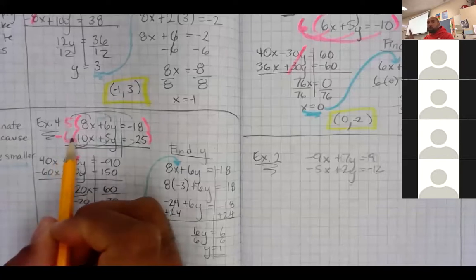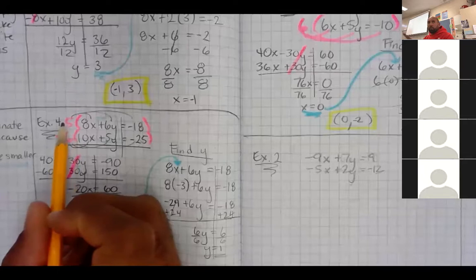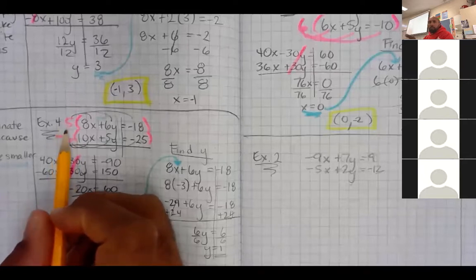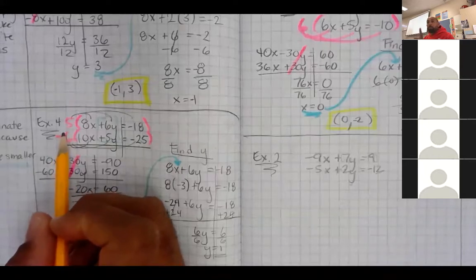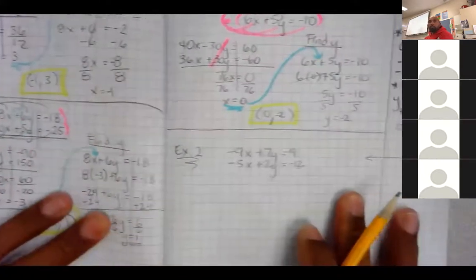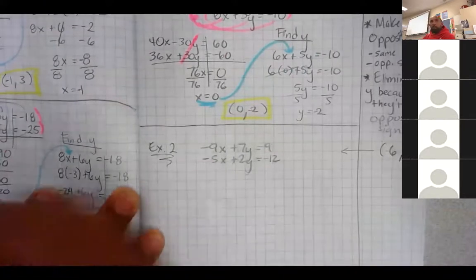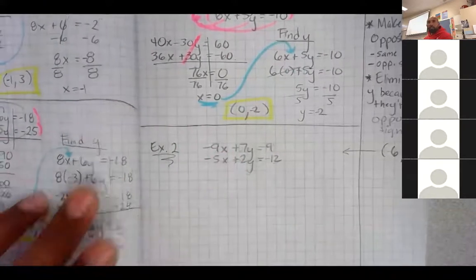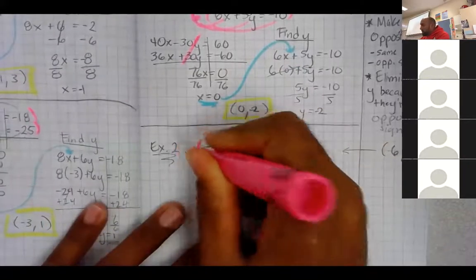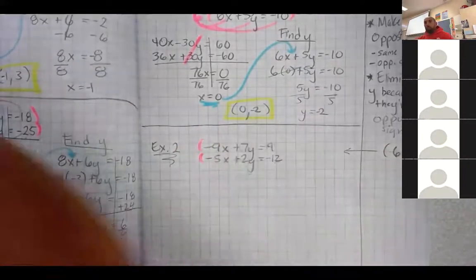Just one, though. Because if you do both negative, you pretty much end right back up where you started. You're going to have two numbers with the same sign. So only one of them should be negative. Now in this case, I'm just going to pick the numbers in the front. I'm going to use these two numbers right here, the x. That's where we're going to eliminate. So I'm going to write that here on the side.